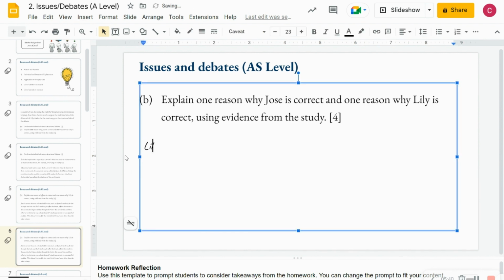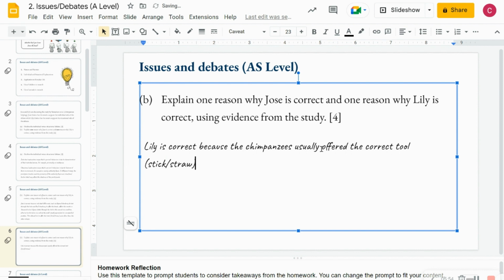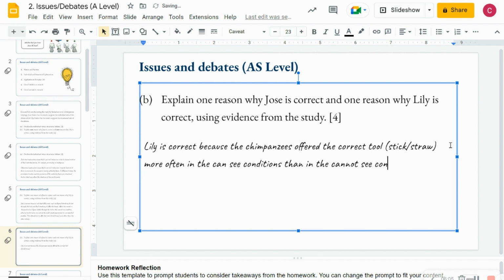Now, Lily is correct because the chimpanzees usually offered the correct tool, stick or straw, more often in the can see conditions than in the cannot see conditions.